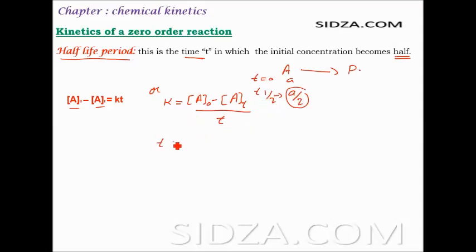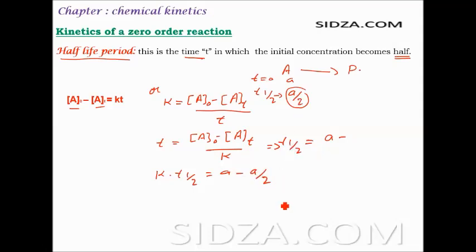From this equation, first let me write K times t half, for simplicity, equal to the initial concentration minus the concentration after time t half, when half of the reactants have been converted into products. So this will be A minus A by 2.